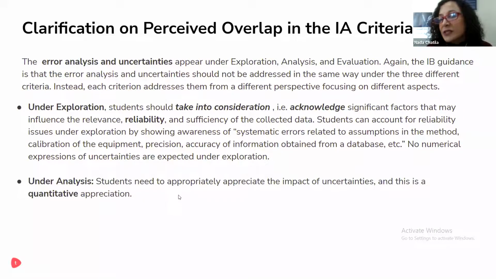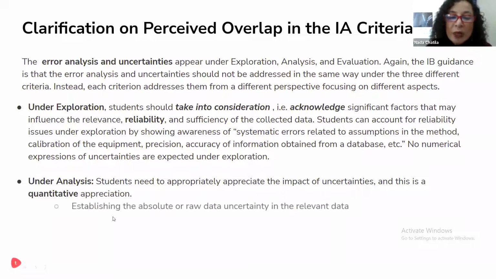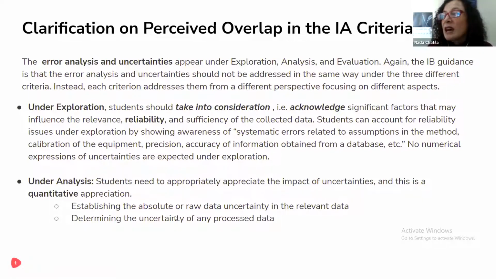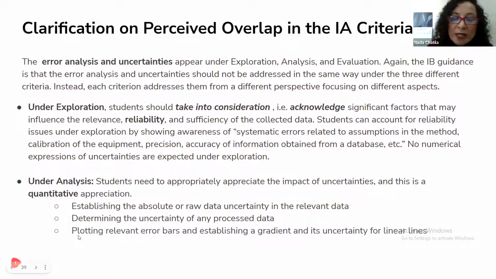Under analysis, the treatment needs to be quantitative. We need to see absolute or raw data uncertainties in the tables. We need to see determining the uncertainty of the average, propagating errors as well. We need to see error bars when they are applicable. But if the error bars are too small to be evident on the graph, the student should write a note saying that the error bars are very small and could not be displayed.